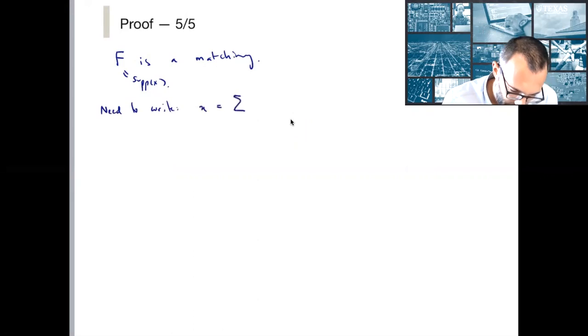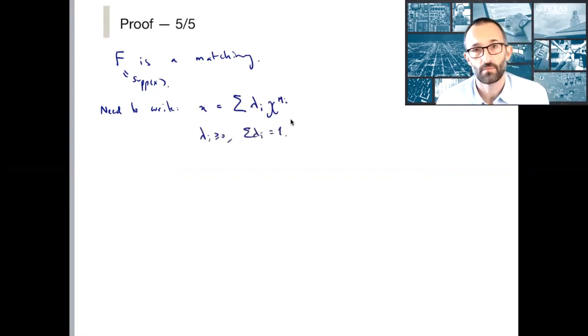So I need to write x equal to the sum of lambda_i chi_{M_i}, where the lambda_i are non-negative and sum to 1. So this is what I need to do.